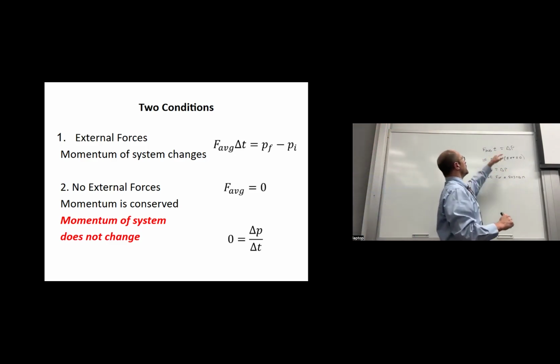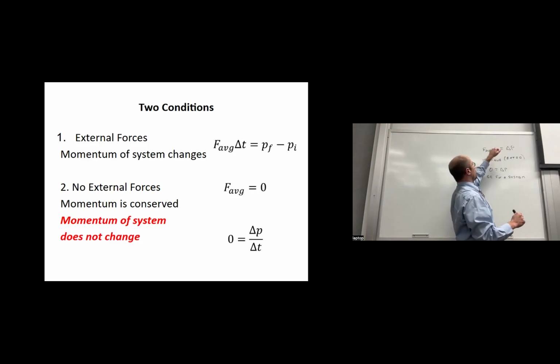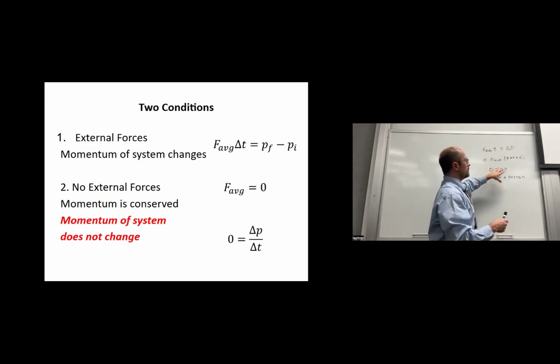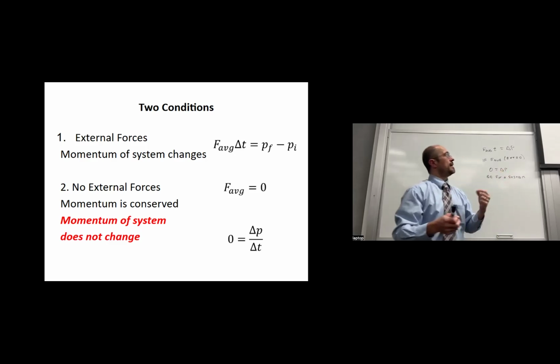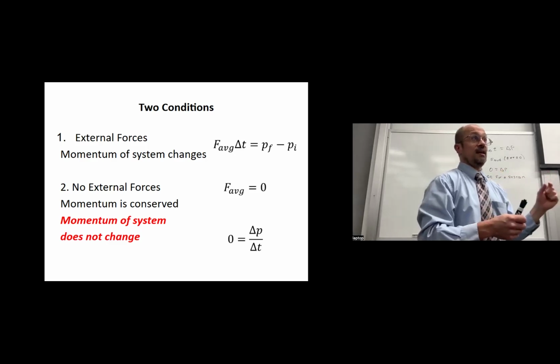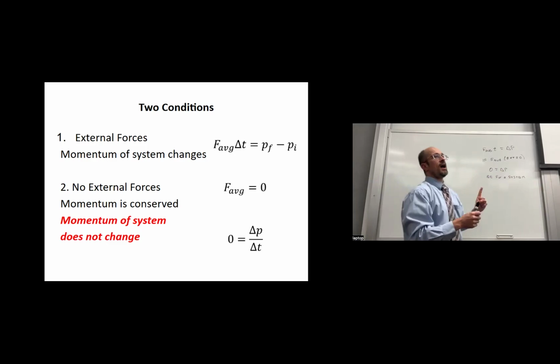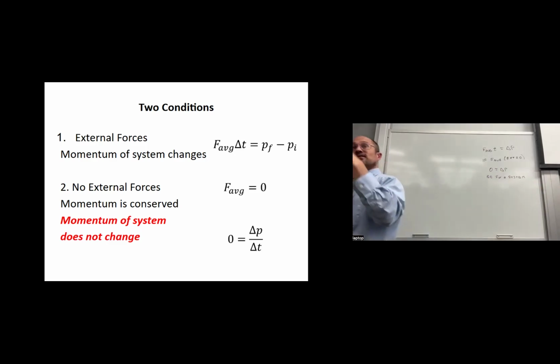All right, so if you only have one object that can be moved, or if you're applying forces directly to one object, then that would be the previous case. But if you have two objects that are movable and interacting, then this is true. Momentum of the system doesn't change. We're not saying momentum of an object doesn't change, but of the system. When we add up all the parts of the system, they won't change.